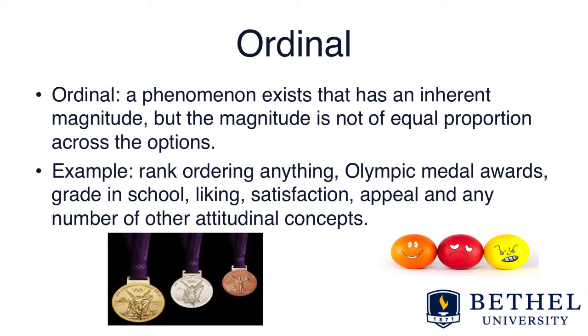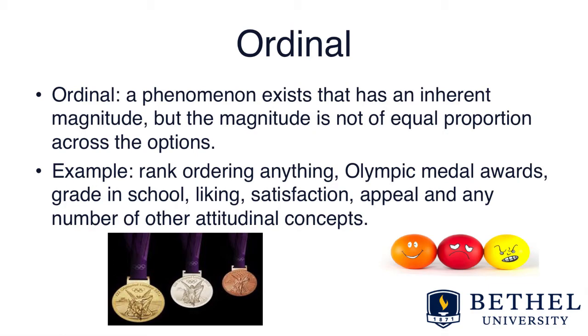And we pretend as if we're measuring some phenomena that has neatly intervaled differences between don't like a little, like somewhat, don't know, and whatever. But we really don't. There's not a real true order of difference in these different intervals. And the same is true with the idea of satisfaction or appeal or any number of attitudinal concepts that we might want to measure.